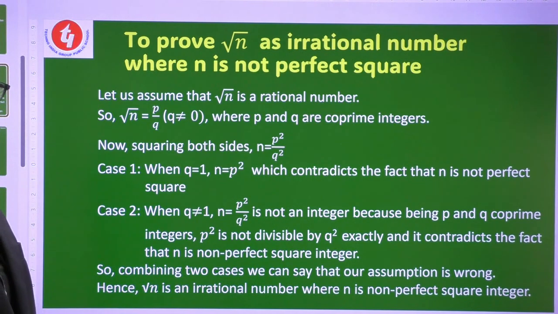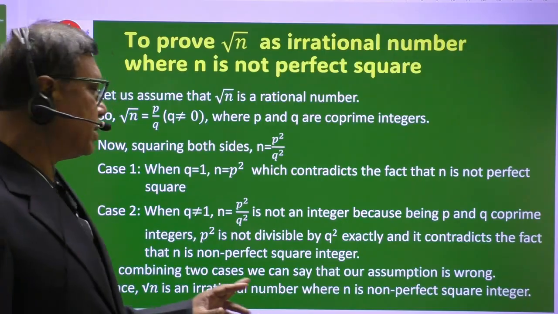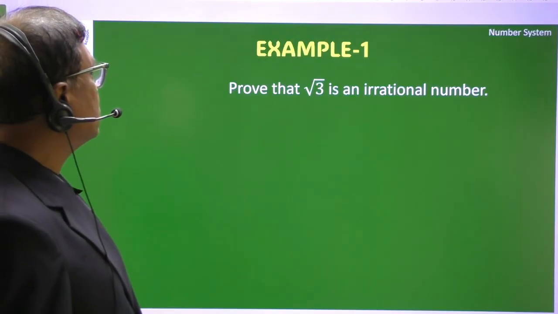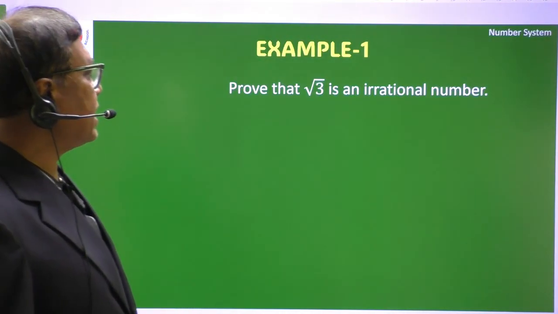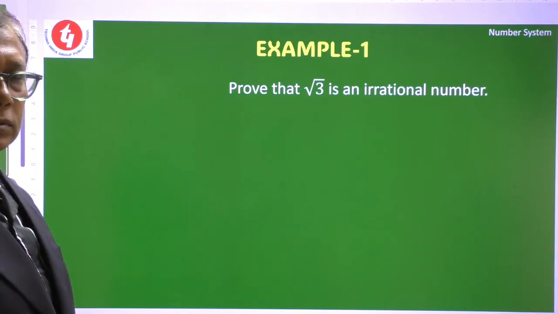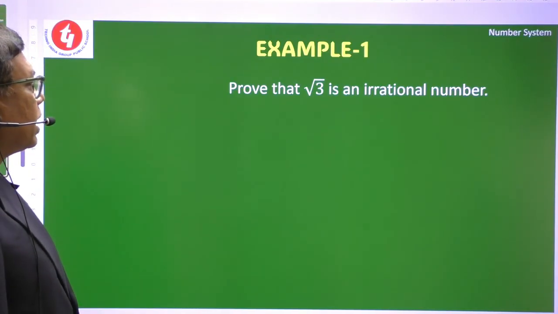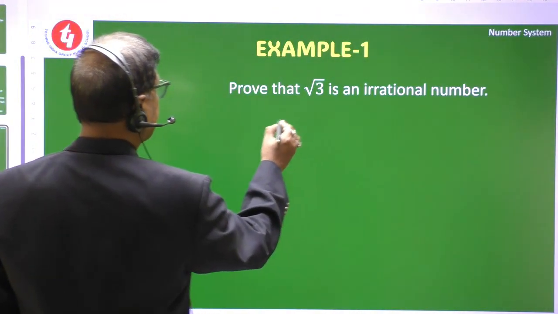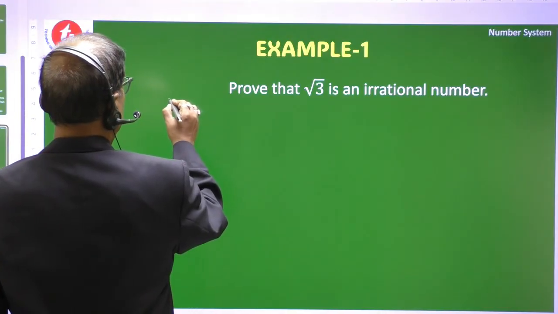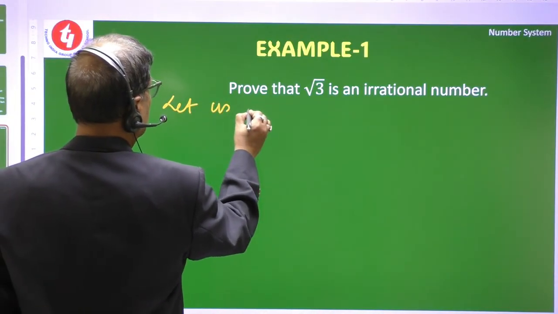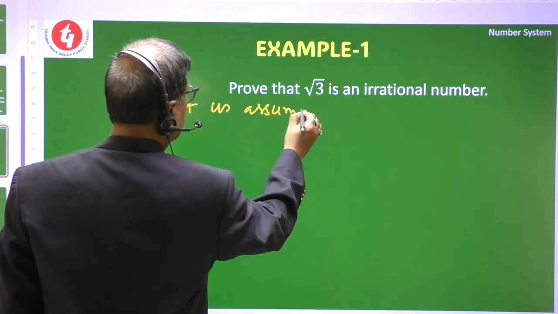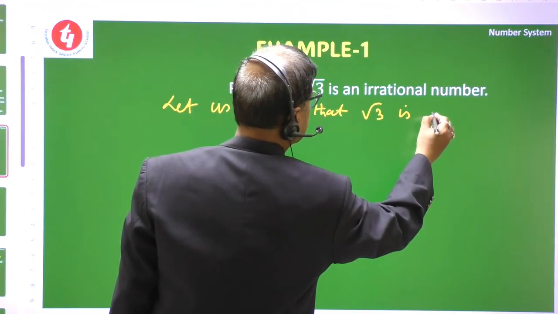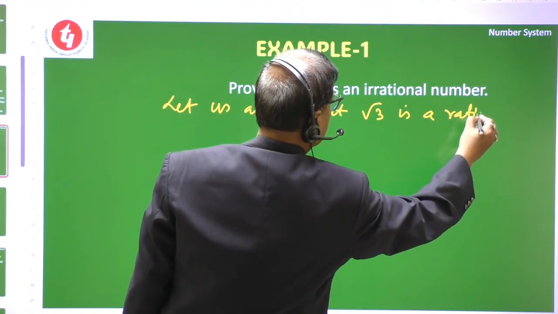Is it clear? So it will be more clear if I take one example. Example 1. Prove that root 3 is an irrational number. So to prove this as an irrational number, first we have to assume it is a rational number. Let us assume that root 3 is a rational number.